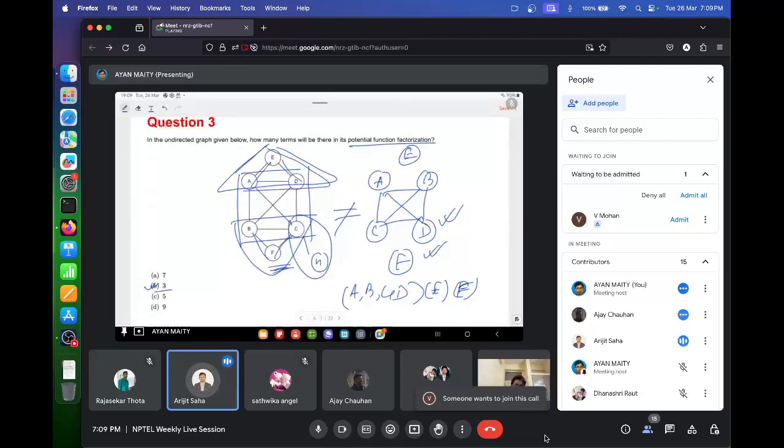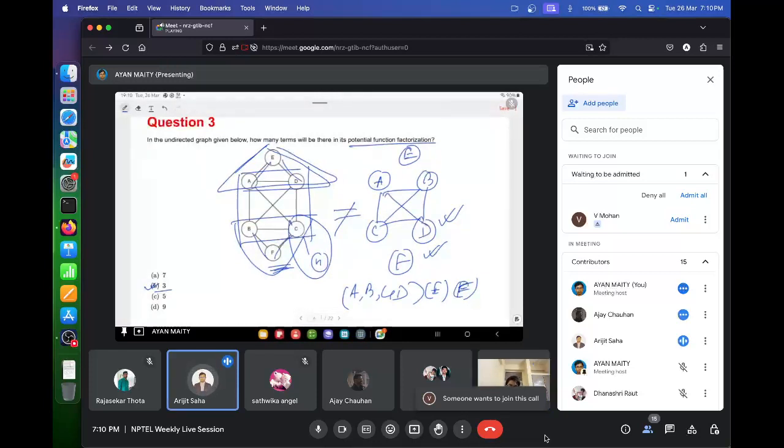Suppose here A, B, C, D is one factorization, then A, D, E is another factorization, B, C, F is one more factorization, and C, G is another factorization. So C is part of three different factors now. BCF and ADE are connected by the common nodes B, C, D, and the whole thing is connected by CG with the common node C. So C is connecting three different cliques here.